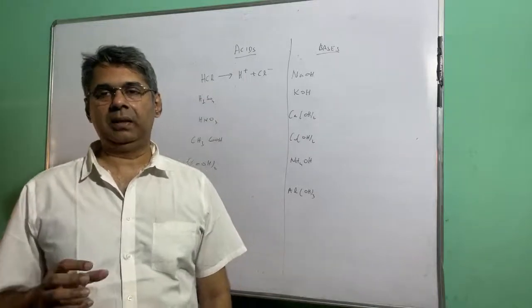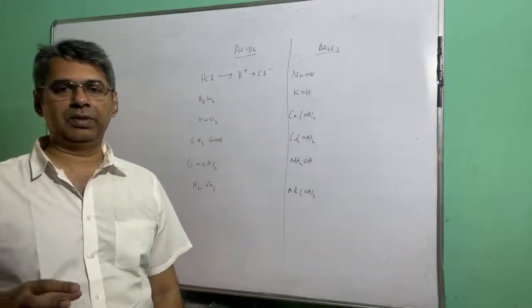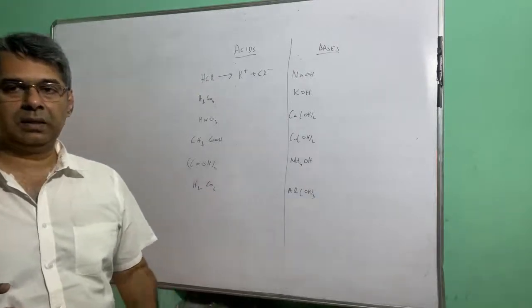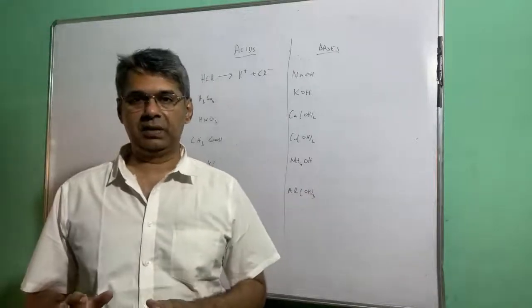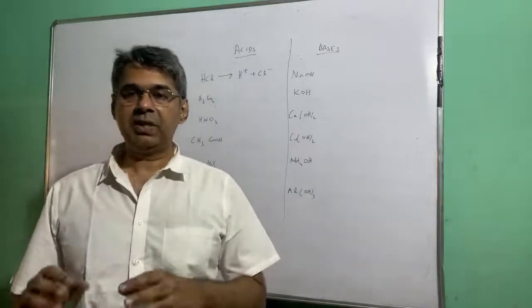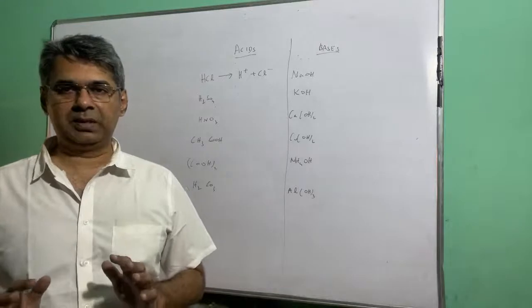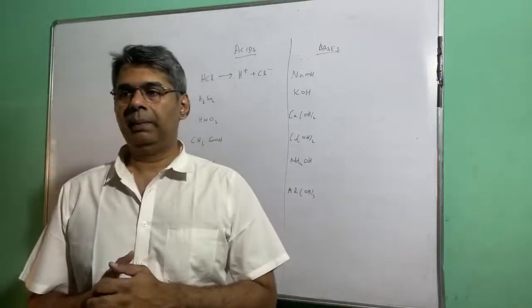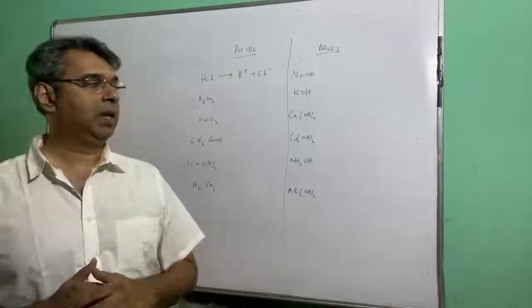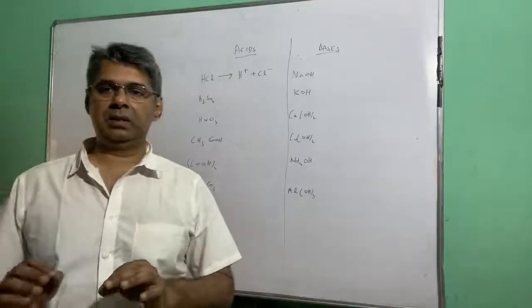So any substance which in aqueous solution releases H plus is an acid. This is a definition of acid which never fails. If a substance gives H plus ion in solution, it has to be an acid. There are some other definitions which we will look at in other sessions, but this definition is a fixed thing.